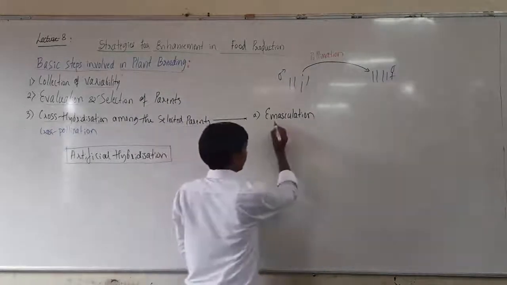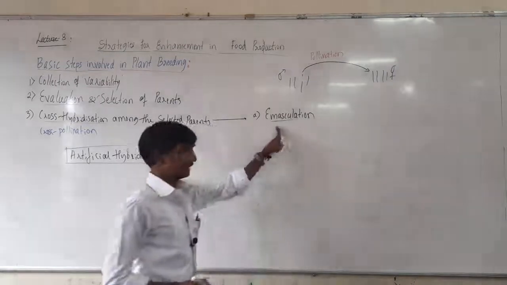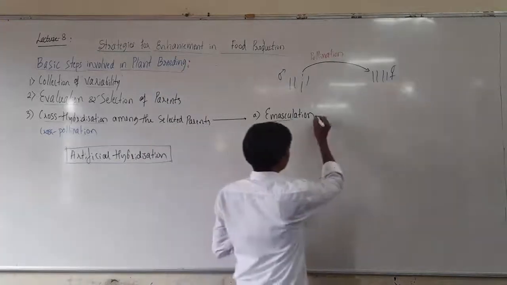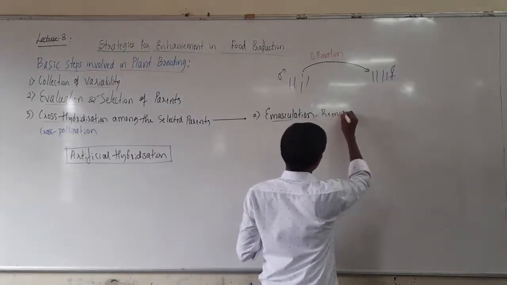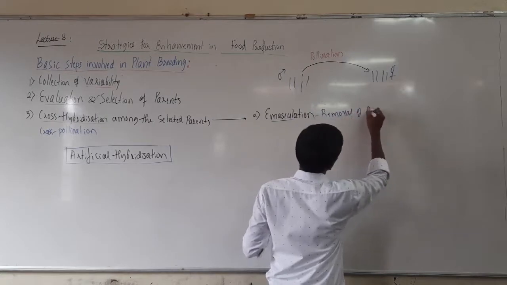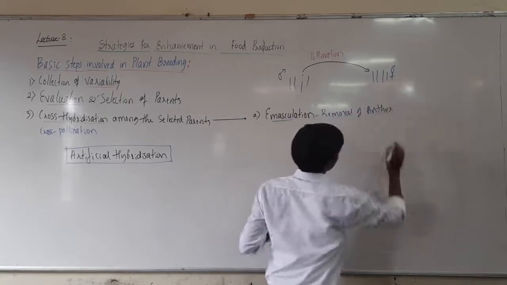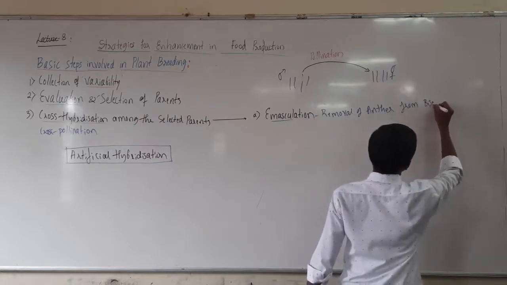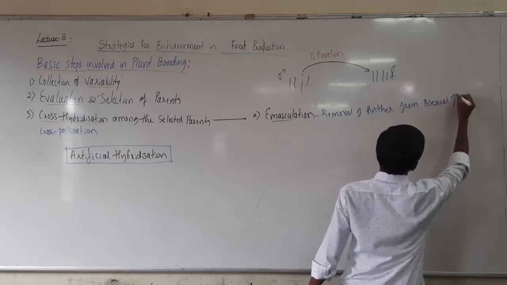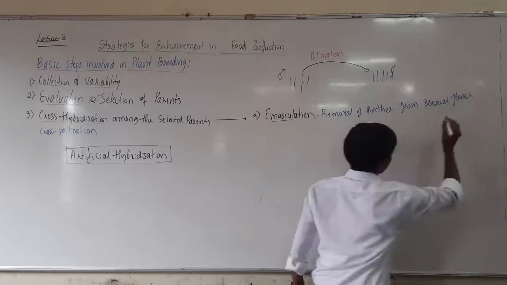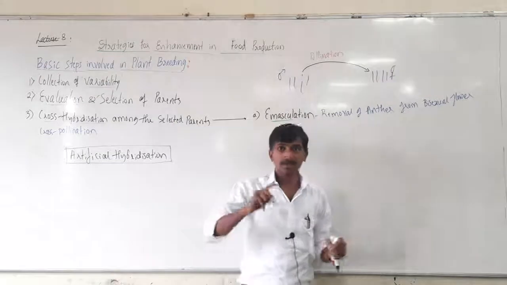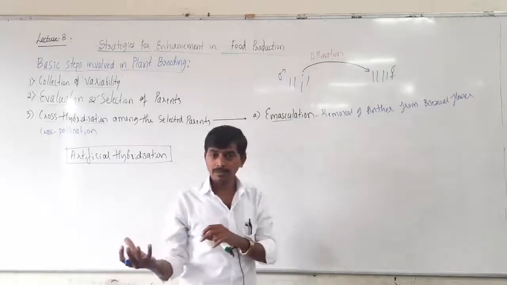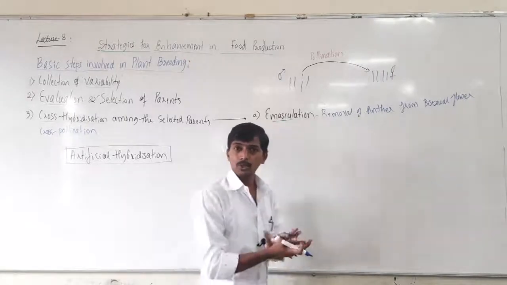Okay, so here the first step is emasculation. Look at the word emasculation: masculine, male gender; E, removal of the male gender, that is removal of anther from bisexual flower. Bisexual flower means a flower having androecium and gynoecium, male reproductive part as well as female reproductive part.